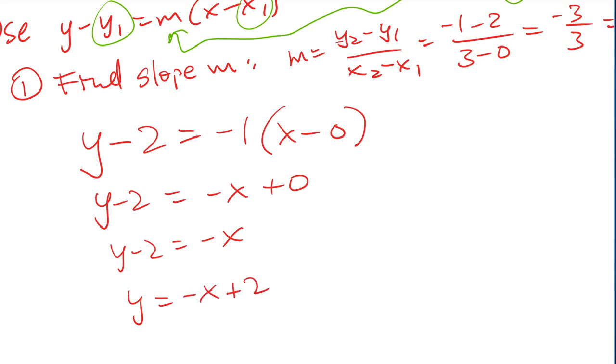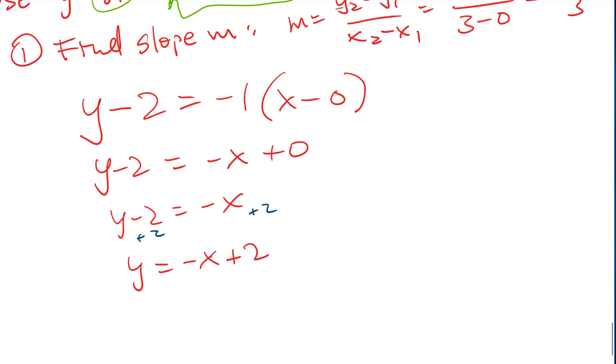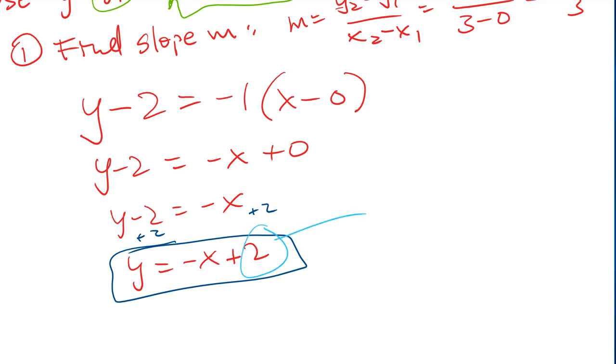So y equals -x plus 2. We're going to add 2 to both sides. We can't add the 2 and the -x, so it stays out. This is the equation of my line. Now notice that this 2 is the y-intercept. When you graph it, this works only if y is by itself.